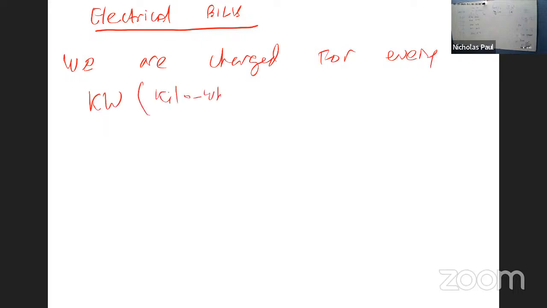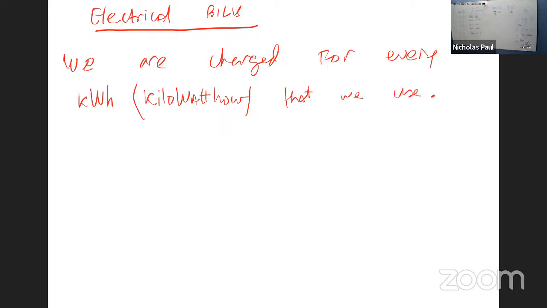We are charged for every kilowatt hour that we use.